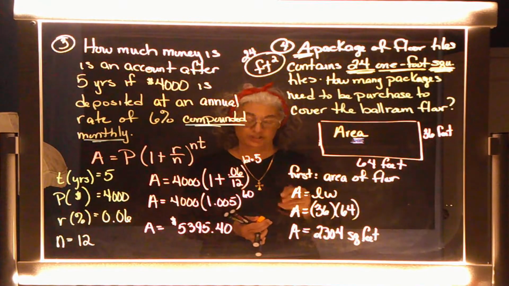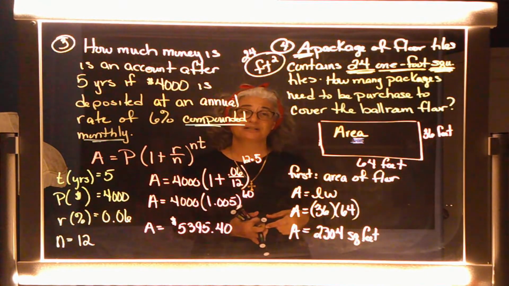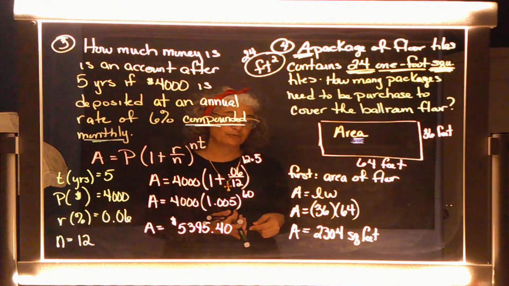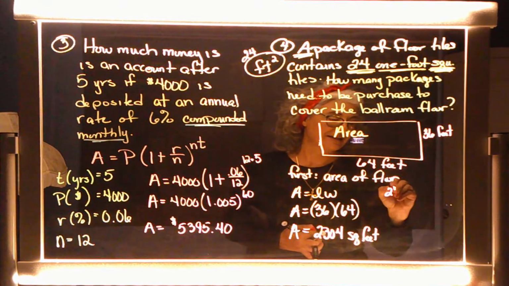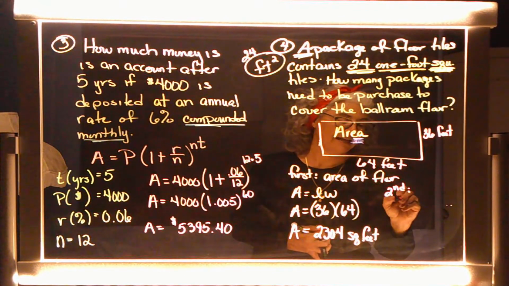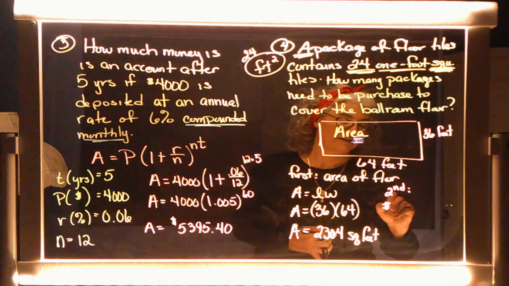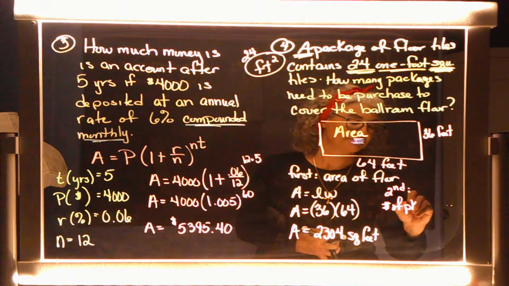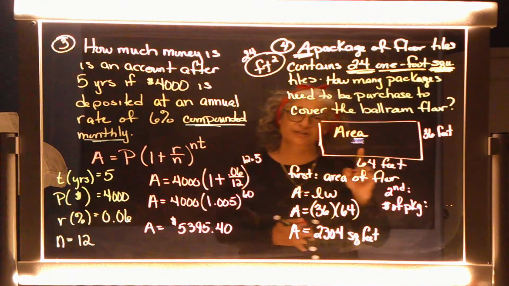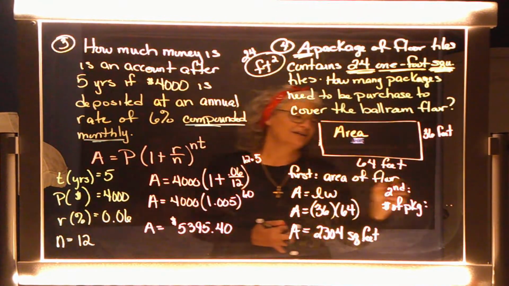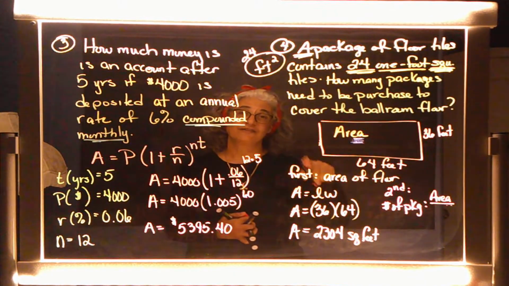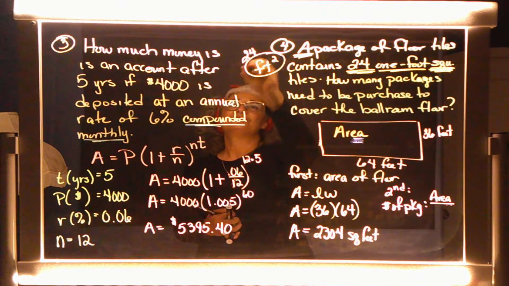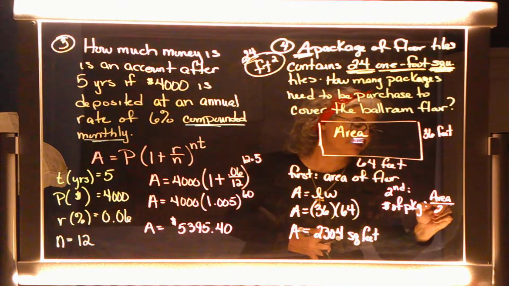Okay, now the question is, how many packages of tiles do I need? Well, how am I going to figure out the number of packages of tiles? Yeah, so let's see, number of packages. You're going to have to take the area, and in this case, divide by 24, because each package has 24 square feet in it.